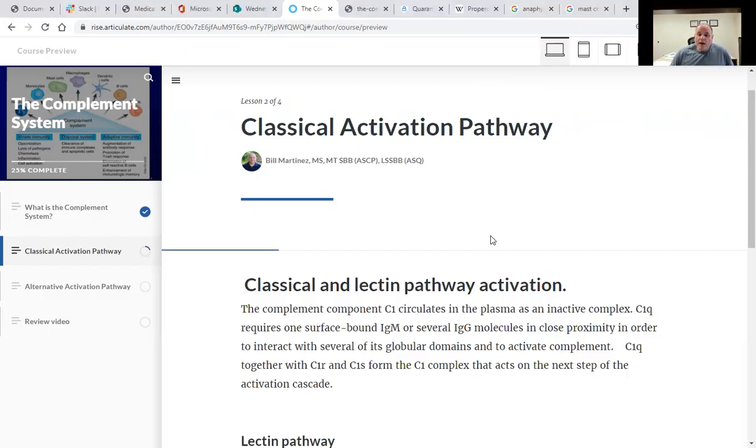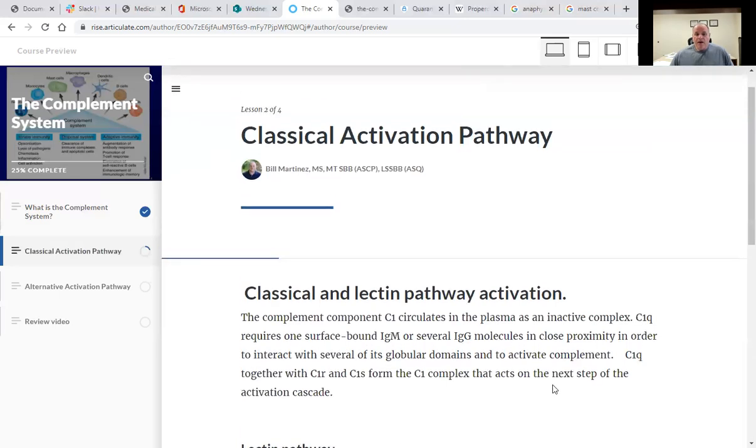And when it encounters one IgM molecule that's bound to a membrane, so it encounters the Fc portion of the IgM, or several IgG molecules in close proximity, so it interacts with the heavy chain, the Fc portion of two adjacent IgG molecules, then it activates C1q, and together with C1r and C1s, the C1 complex becomes an enzyme that activates the next step of the cascade.